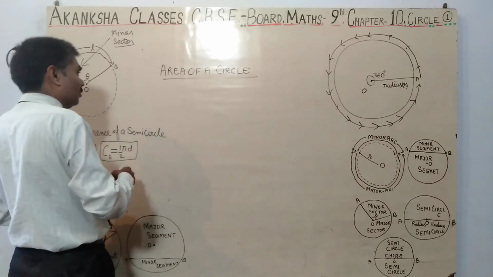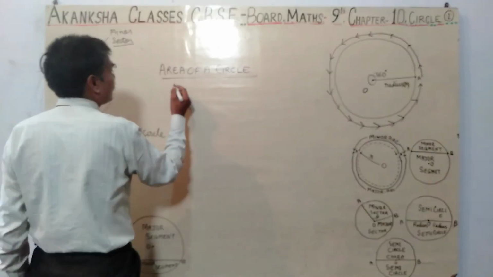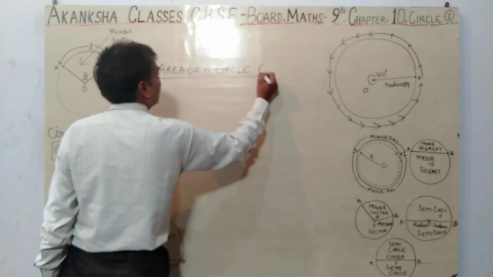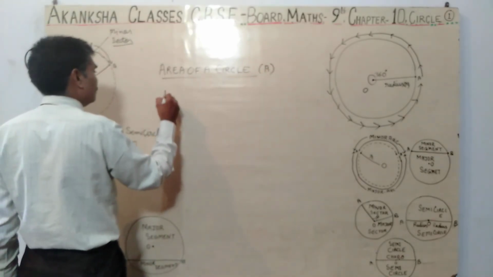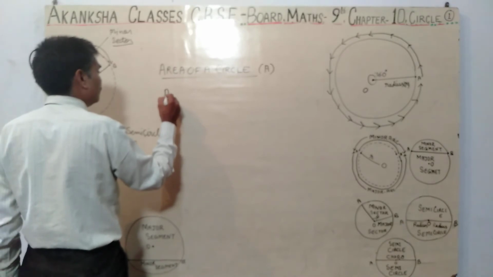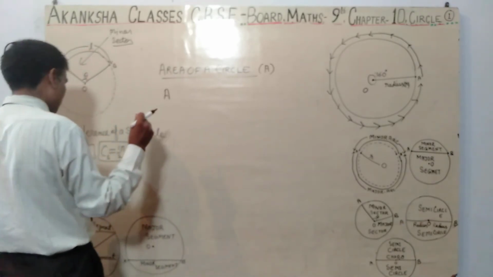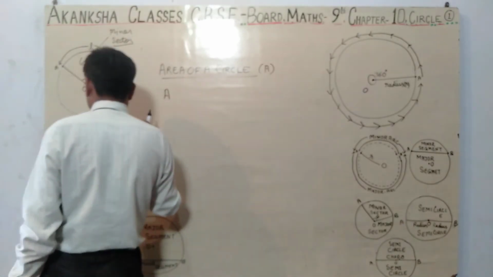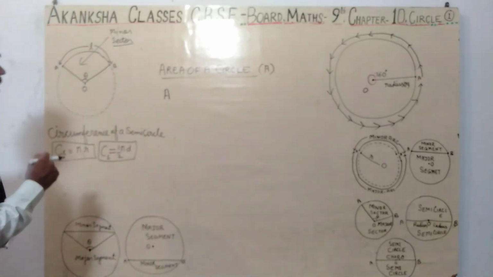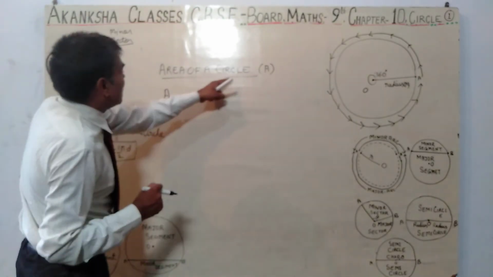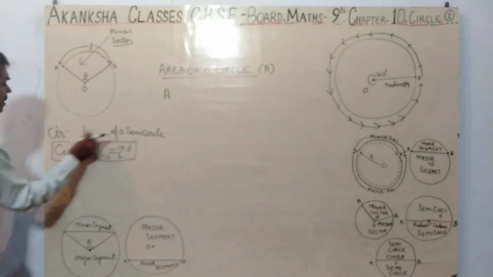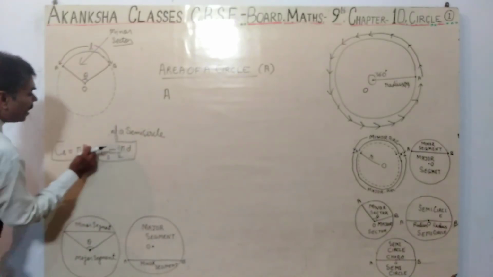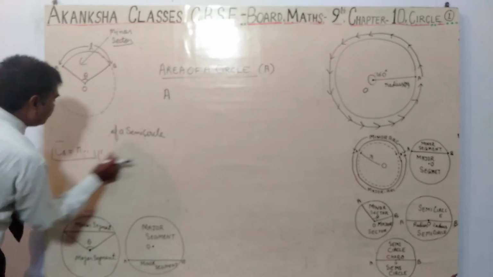When we talk about the area of a circle, we will find, if we represent the area of a circle by capital A, but before we go to study about area of a circle, first we have to study about the area of a semicircle. Area of a semicircle.